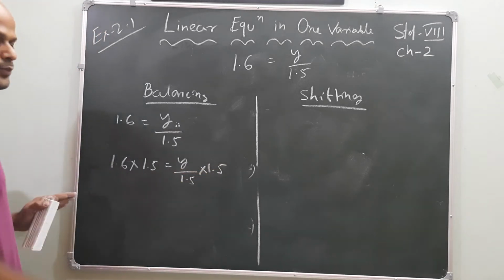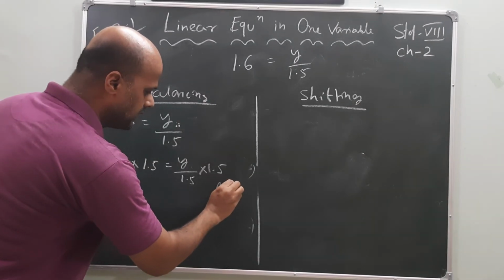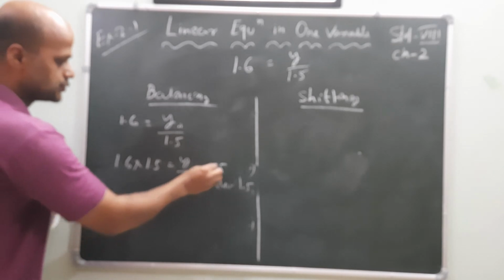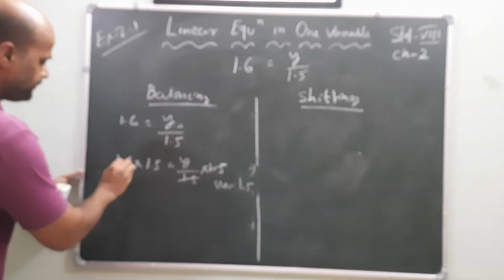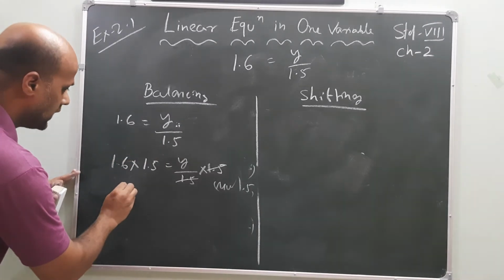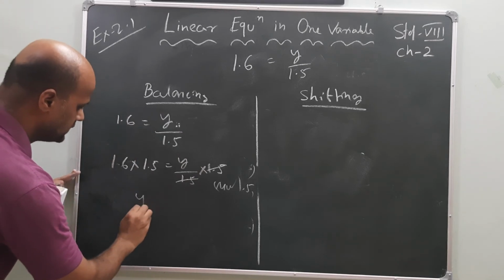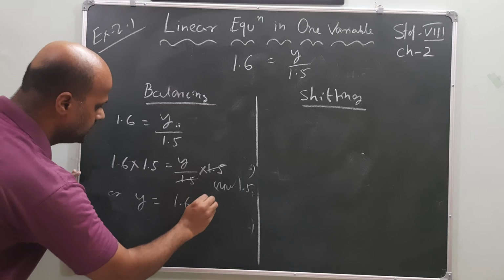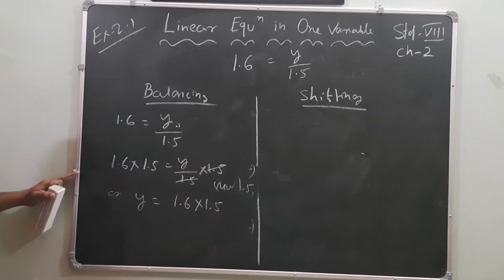Both sides are multiplied by 1.5. Now these two are cancelled. Then reverse it: y is equal to 1.6 into 1.5.